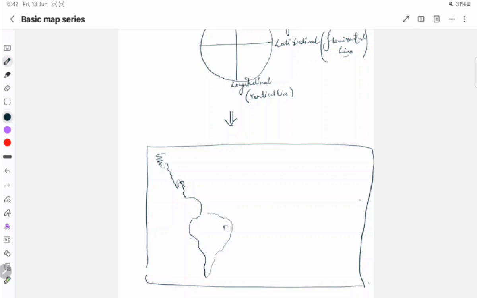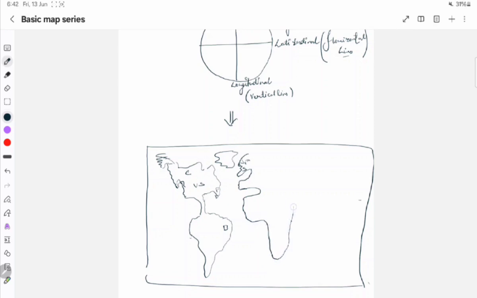We have this one is Brazil, and this is Florida, and this is US and Canada. This is Greenland. These are the part of Finland and Sweden, Norway, right?